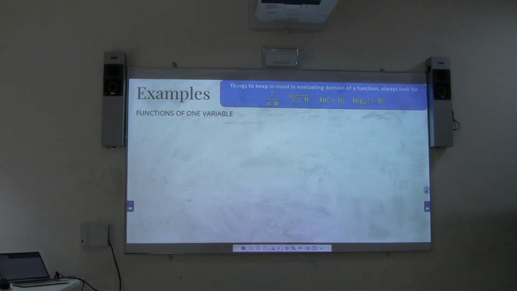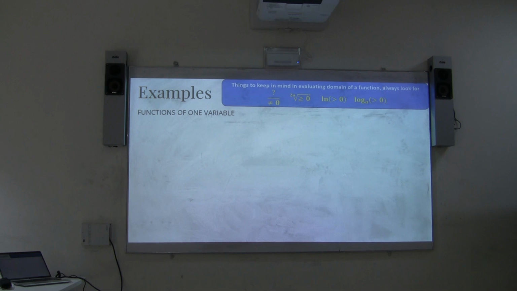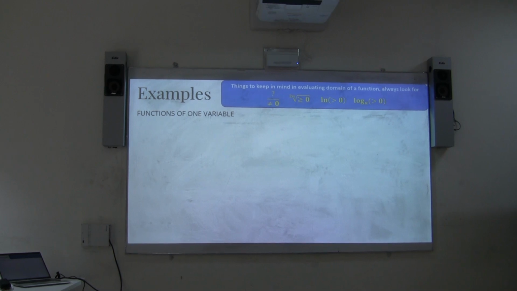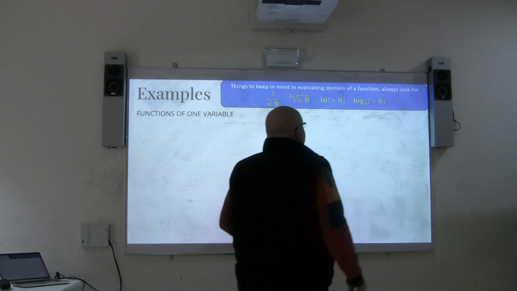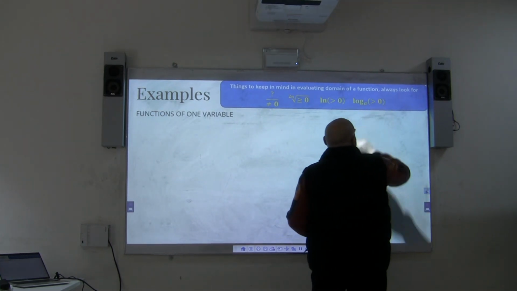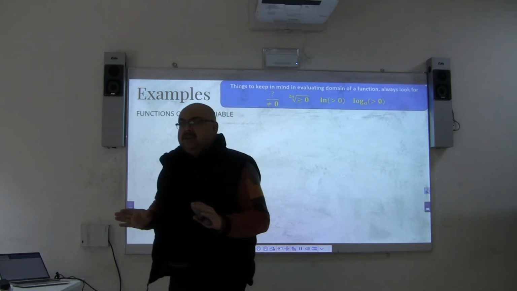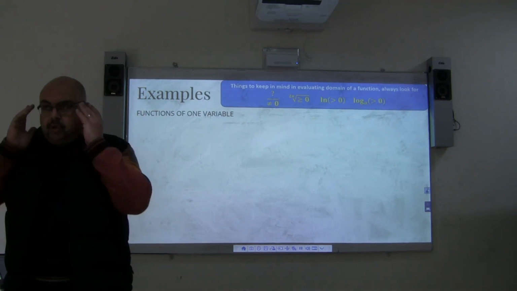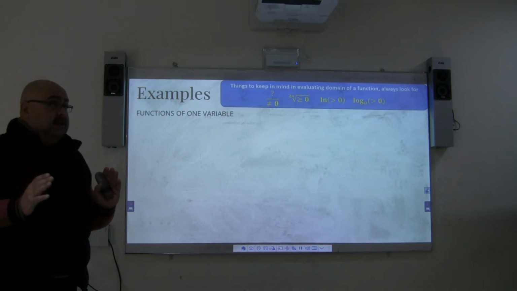This is really very important to keep in mind. And last but not least, the log function is exactly the same: you should check that its argument is also greater than 0. So once you are asked about the domain, keep those in mind at all times.